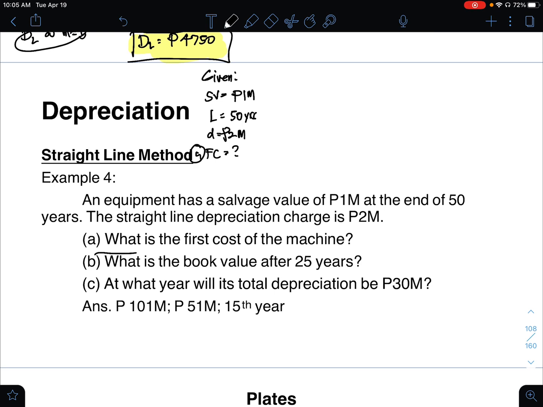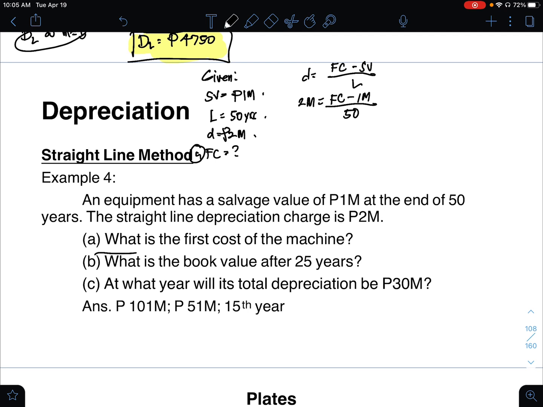Since we have the salvage value, L, and depreciation, we use the formula D is equal to FC minus salvage value, or SV, over L. So that's 2 million. FC is the question mark. So FC minus the salvage value, which is 1 million, all over L, which is 50 years.